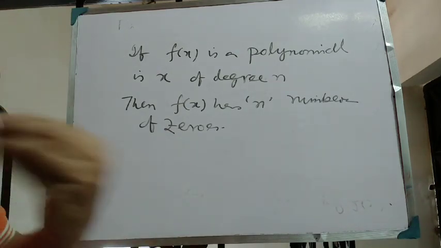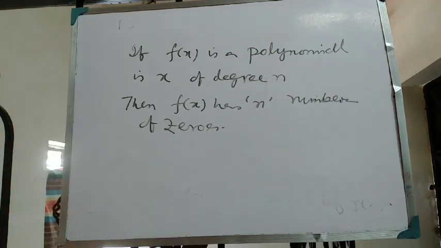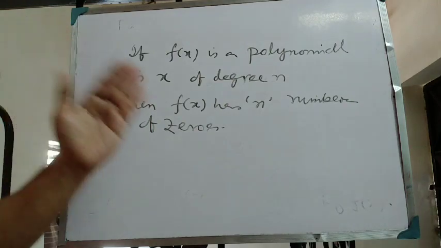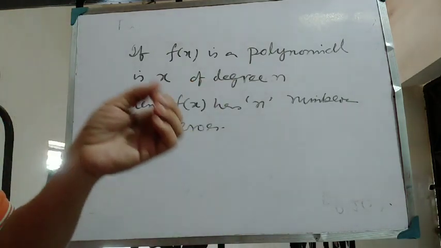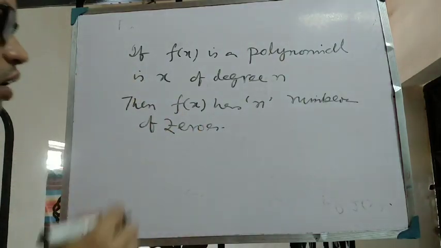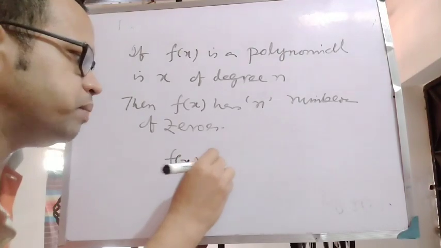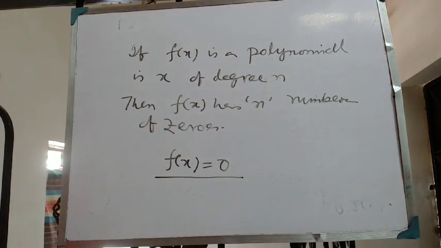If you have a cubic equation, the roots of the equation will be 3. So zeros of a polynomial is converted to roots of the equation. When a polynomial is equal to 0, then it becomes an equation.